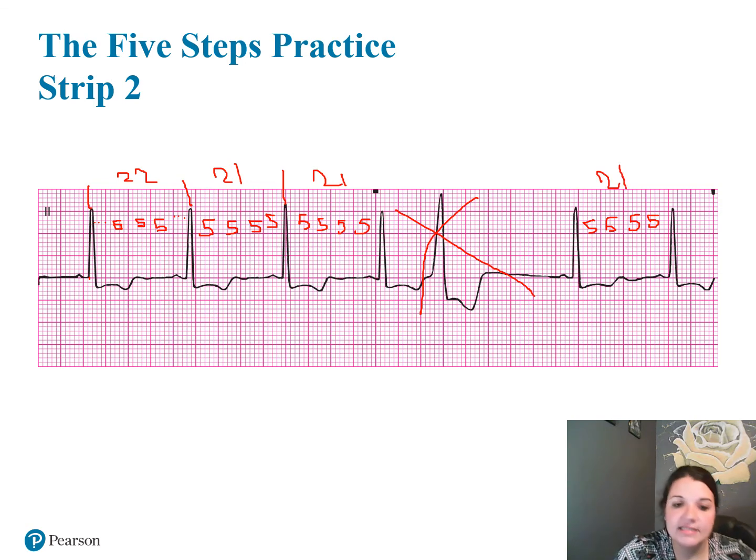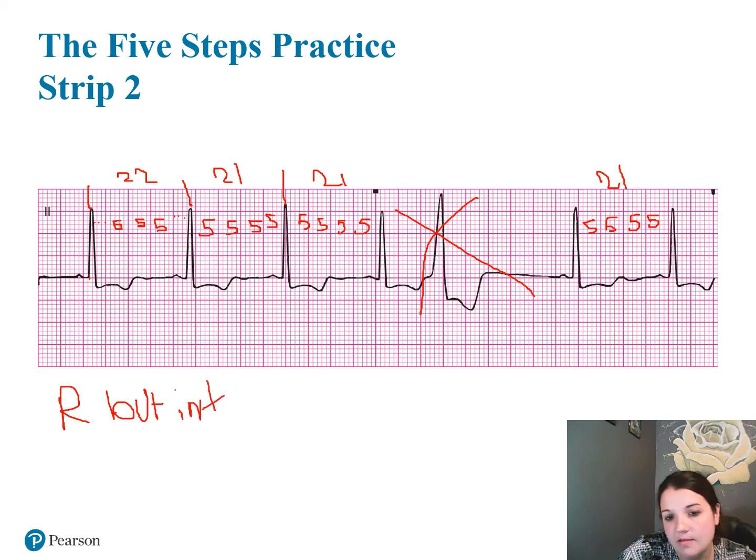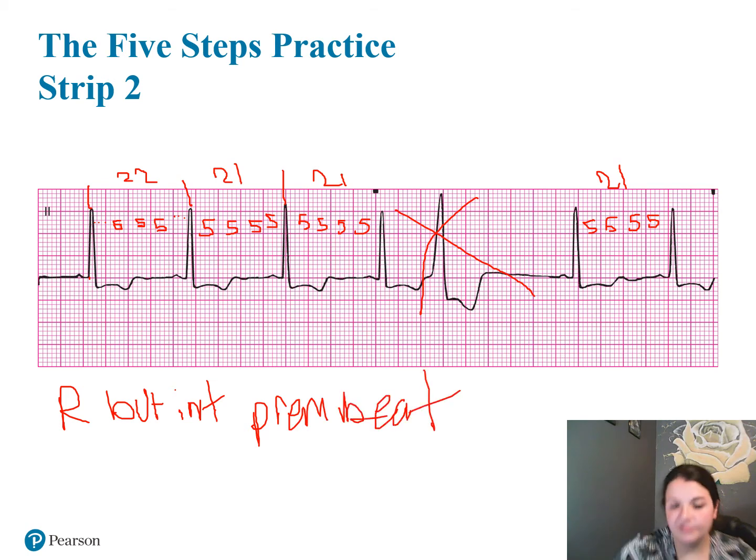So here I can see I have a regular rhythm but interrupted by a premature beat. Okay, so my second question, what's my regularity? Regular, but interrupted by a premature beat.